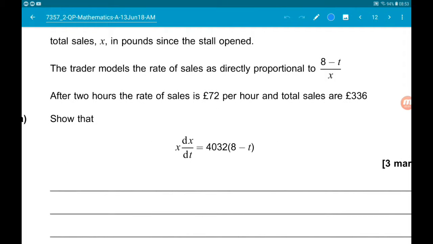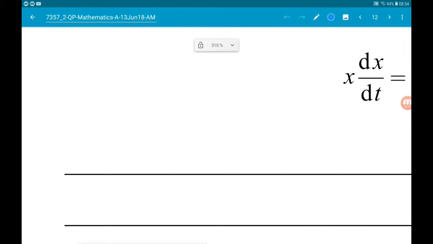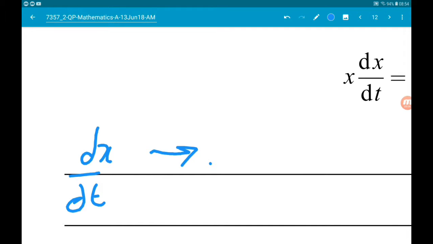Part A, for 3 marks, wants us to show that x dx by dt is equal to 4032 times (8 minus t). Okay, so dx by dt is the change in x over change in time, so this is our rate of sales.